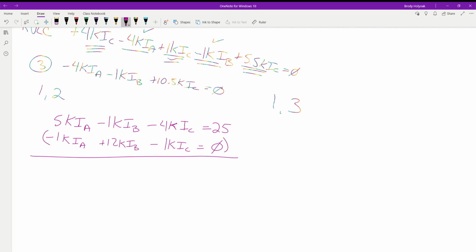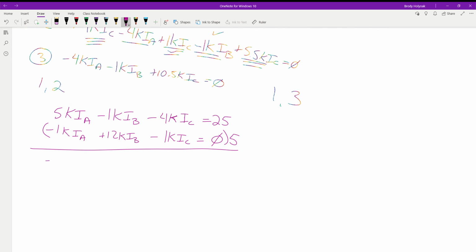We're going to multiply our second equation by 5, because we'll have positive 5K and negative 5K. We won't have to do anything else. So this becomes negative 5K IA. This becomes 60K IB. This becomes negative 5K IC, still equal to 0. The IA is going to drop out.